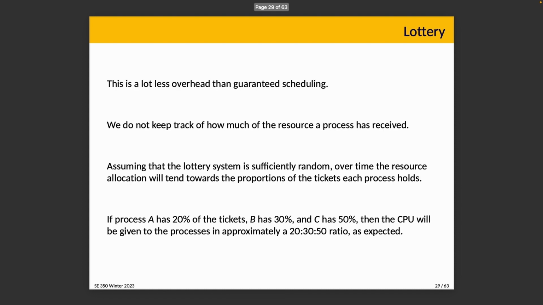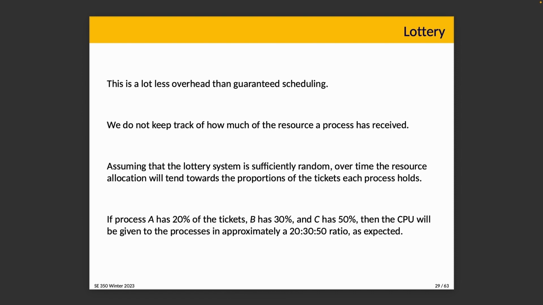Just a thought. Anyway, the lottery approach is generally much less overhead than guaranteed scheduling, although there is still a significant amount of work to do in terms of assigning which processes get what and doing the random draw. It does prevent us from having to keep track of how much of a resource a particular process has received. All we care about is the current chance, and we roll the dice and see who wins.